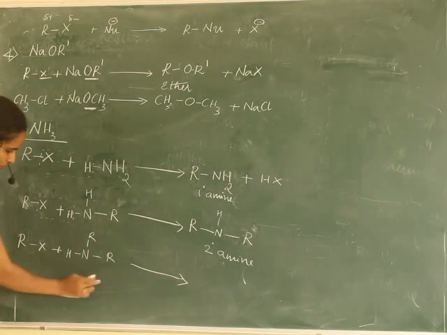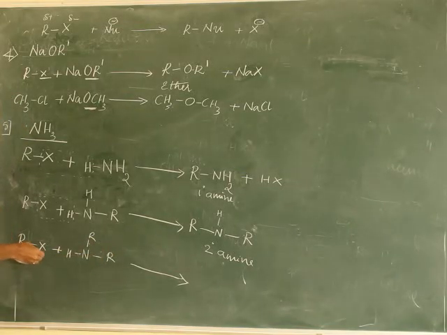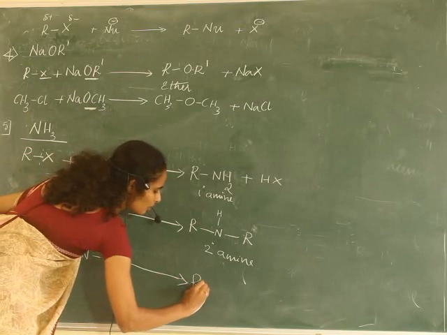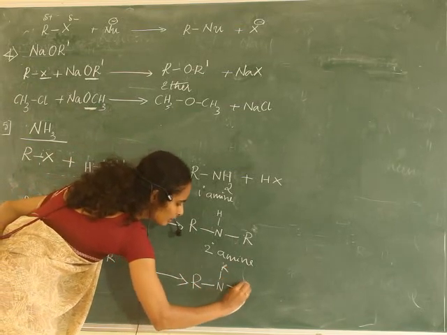This nucleophile, NR, replaces one more halogen atom. Next will result in the formation of R, N, R and R.